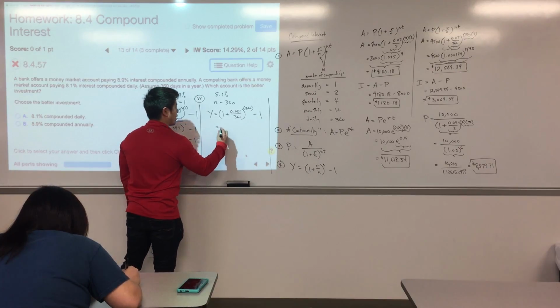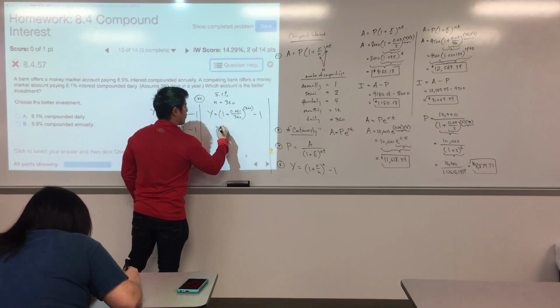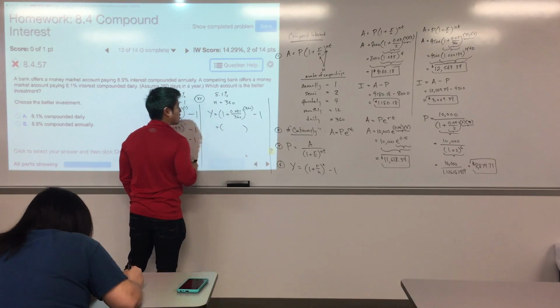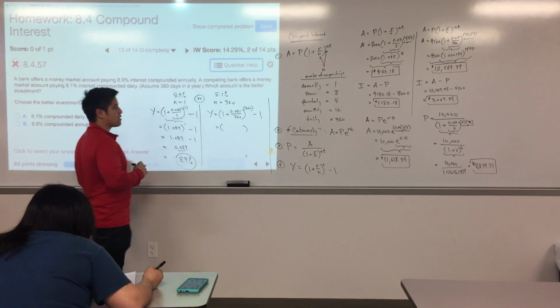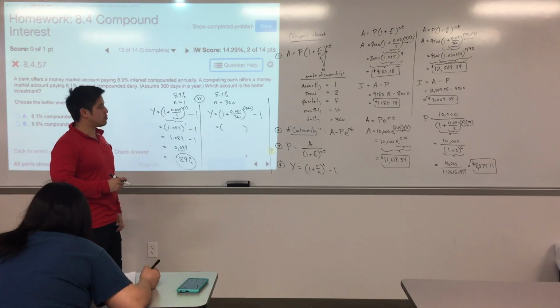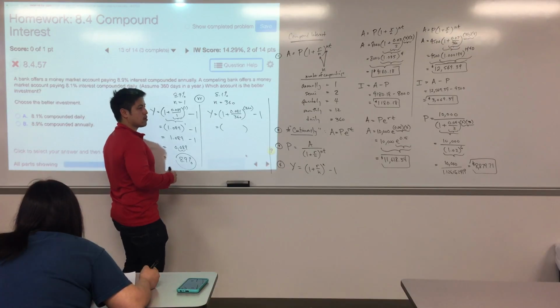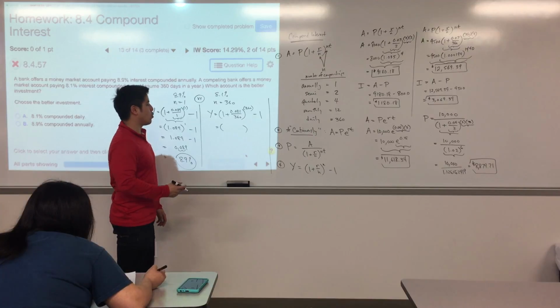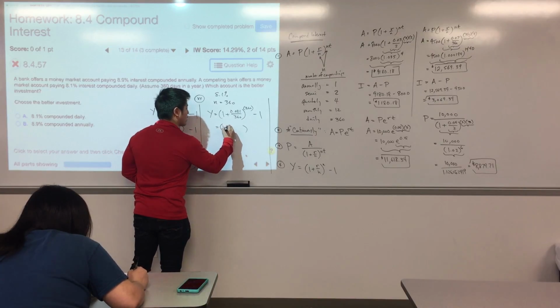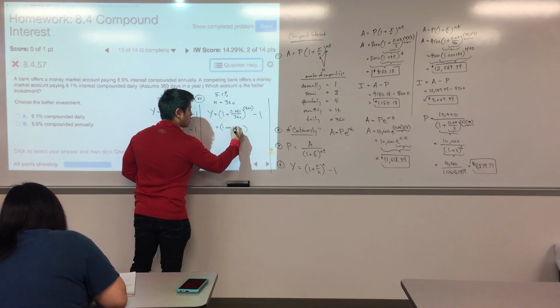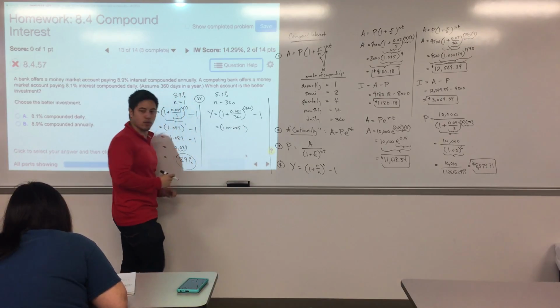Many of you are already working it. 0.081 divided by 360. What did you get? 0.000225. Perfect. So plus 1, 1.000225. Is that right? Yes. Any other items with it?